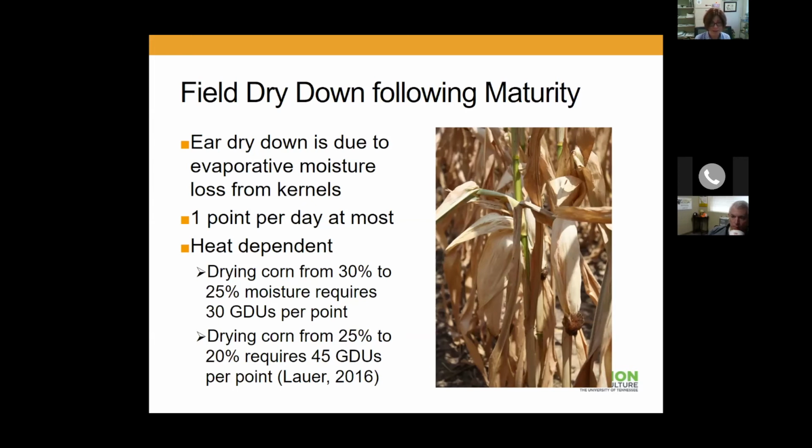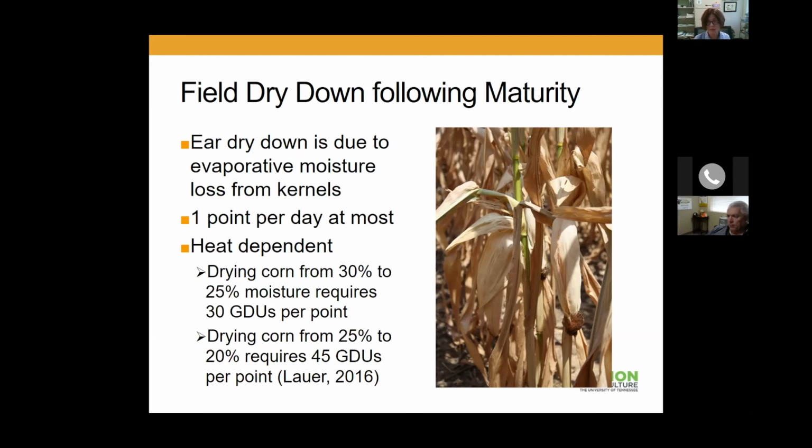A lot of times we'll have corn where we get some dry down and we think the weather's pretty good, and then it just seems to hit a plateau. It just hovers there at 20, 19, 18, and you're just waiting for heat unit accumulation to continue the process.